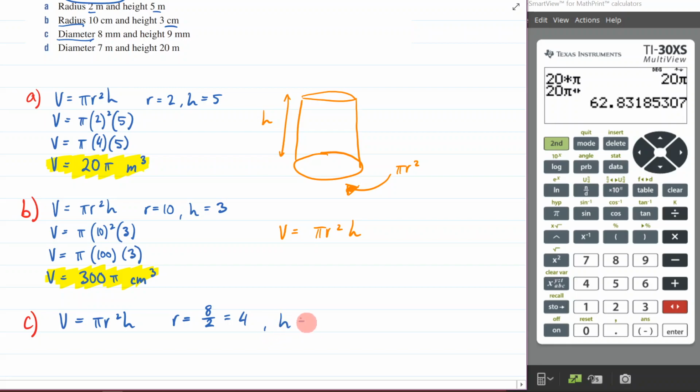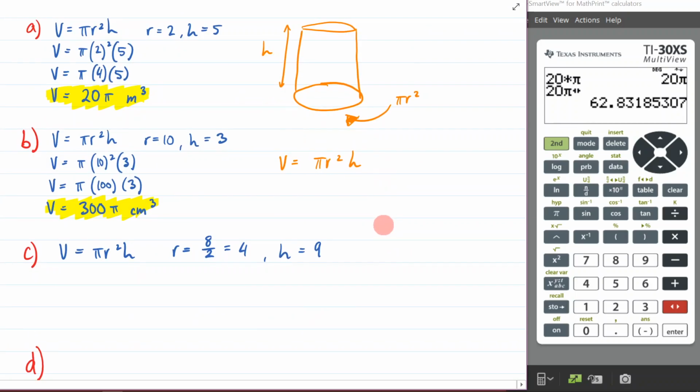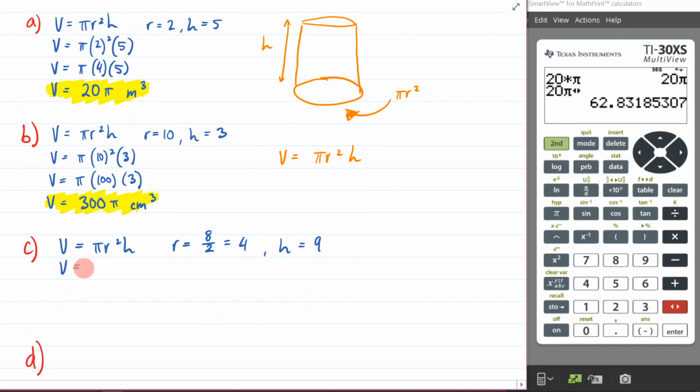My height is still going to be 9. So that means my volume is going to be pi, my radius is going to be 4 squared, and my height will be 9. Now 4 squared is 16, and 16 times 9 is 144. 144 pi, and this is in millimeters cubed. And that's how we would answer that one. Let's give it a highlight, and let's go into our next one.